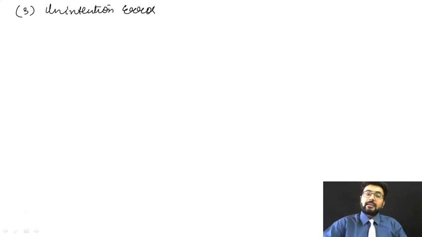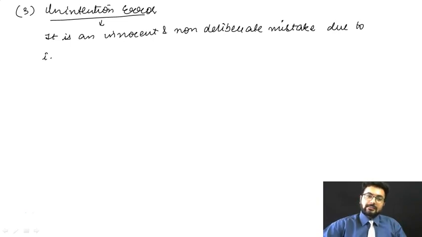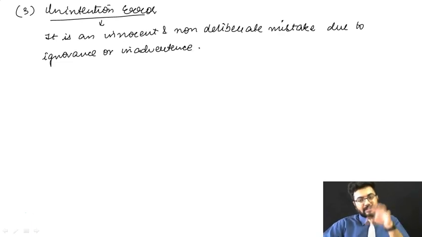Unintentional error means an innocent and non-deliberate mistake due to ignorance or inadvertence, right? So something which has not been done intentionally.